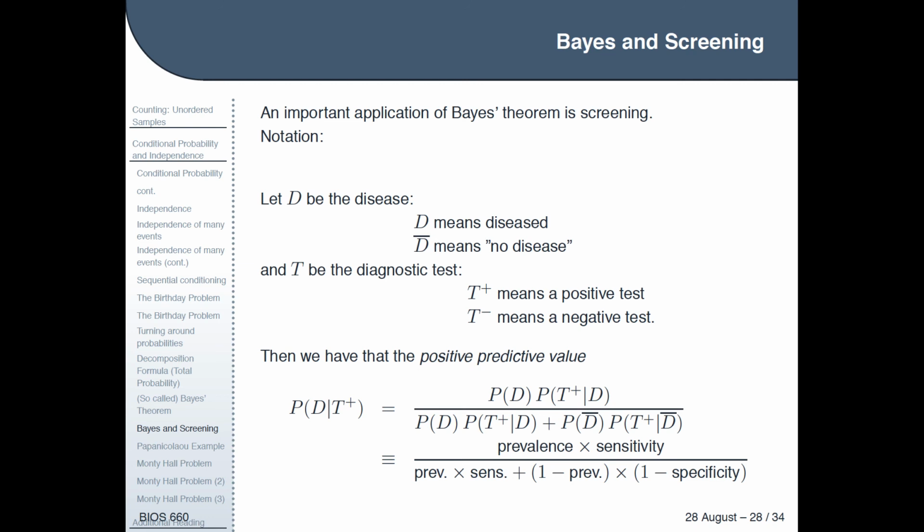Generally, you will know that, given that you have the disease, what's the probability that your test is positive? Or I said that the other way around. Let's say you have a positive test, what's the probability that you actually have the disease?